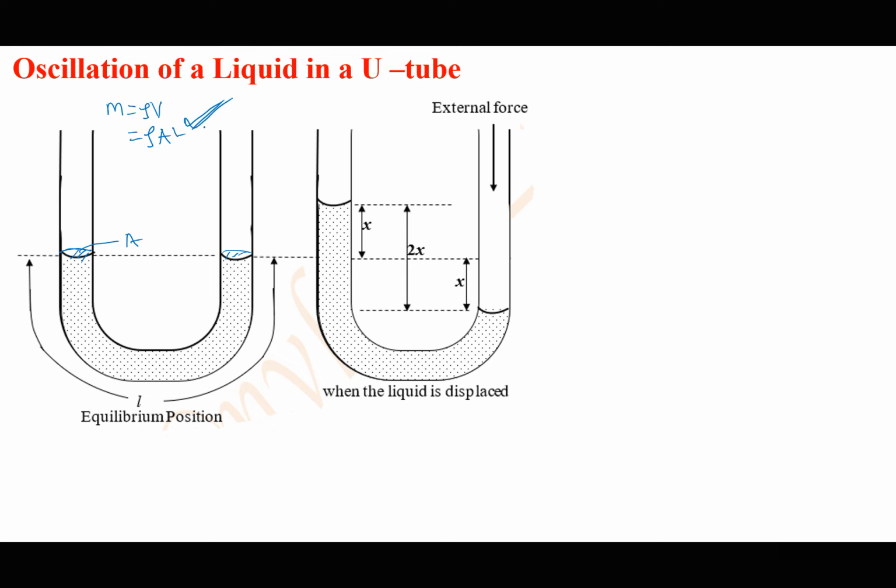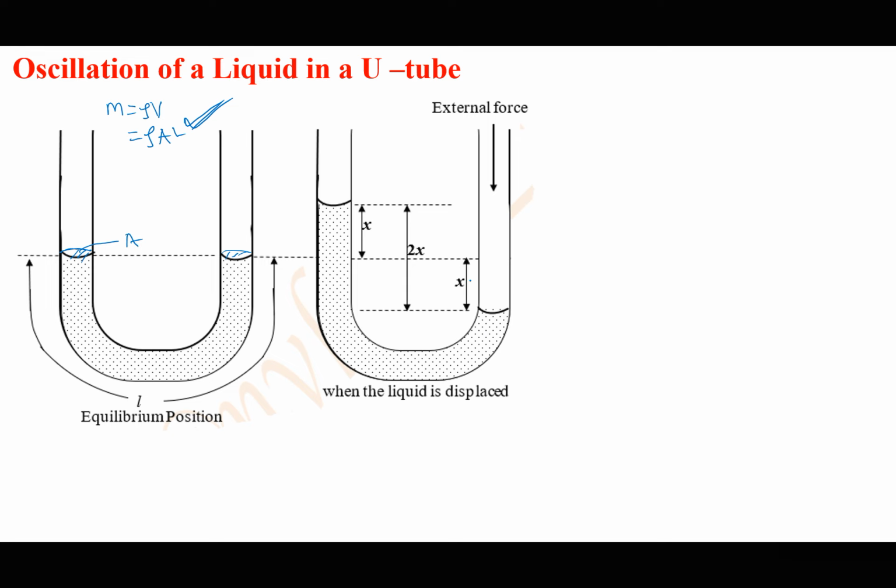Okay, so we are now going to consider the second position, at an instant when the meniscus on the left-hand side has been pushed down by maybe an external force. And then the external force is released so that the liquid now oscillates up and down. So consider the instant when the menisci are a distance x from the equilibrium position.